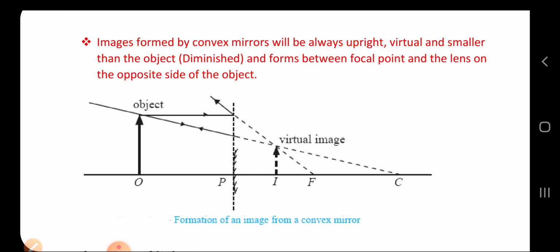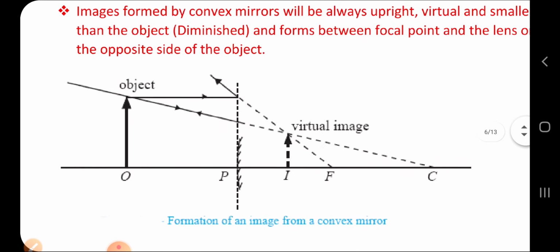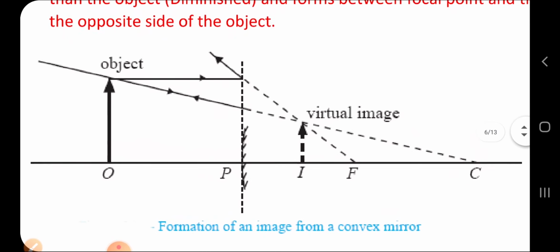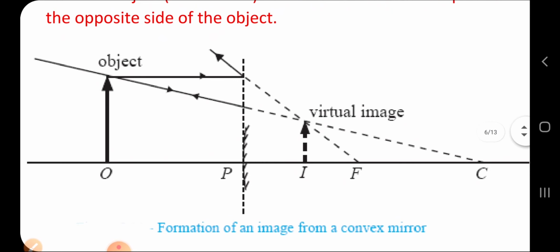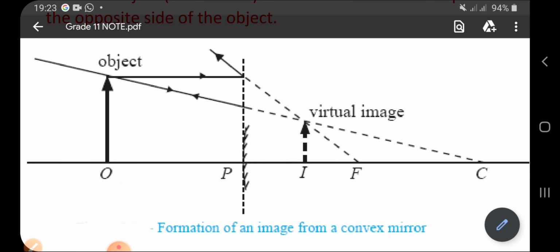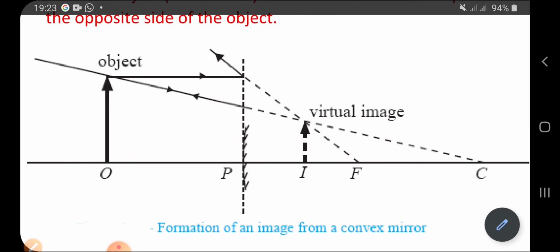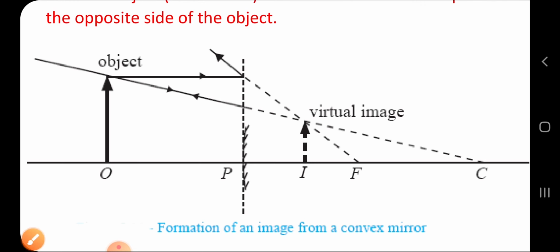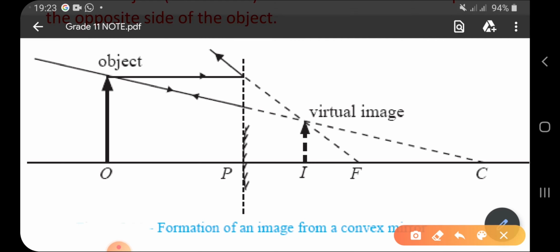So if you take a convex mirror, even if you keep the object near the mirror, at the focal point of the mirror, or away from the focal point, or on the center of curvature, or at infinity, anywhere, you will get the same nature. It will always be upright, it will always be virtual, and it will be diminished. Diminished means smaller than the object, right?